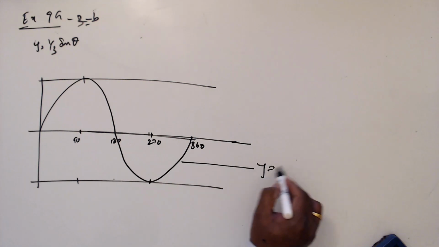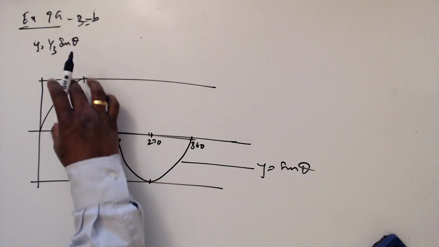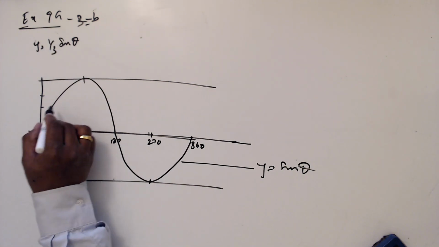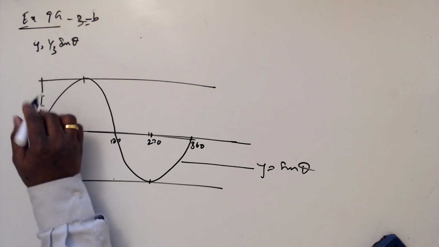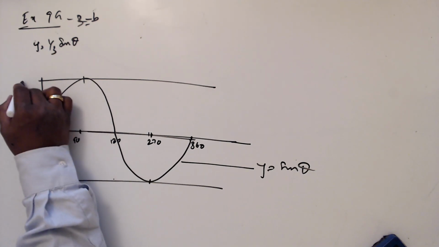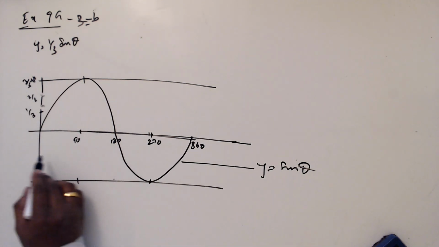This is the y equals sine theta graph. Now this height I am going to make 1/3. This is 1/3, this is 2/3, this is 3/3, which means 1. This is also the same, I divide into 3.